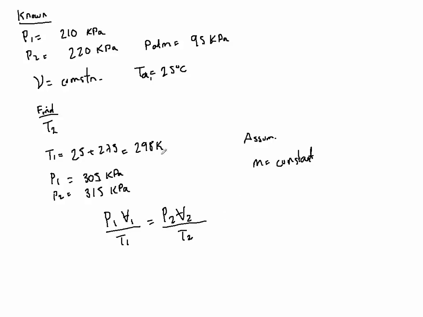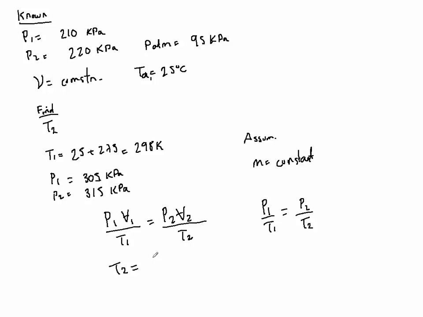We also said that the volume is constant, so these two values will cancel out, and once again we have P1 over T1 is equal to P2 over T2. Since we're looking for T2, we simply solve that equation.